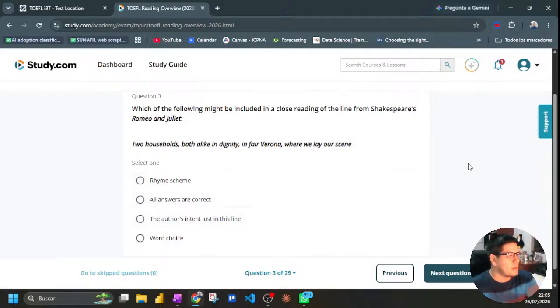Yeah, I think it's that the author's intent just in this line.